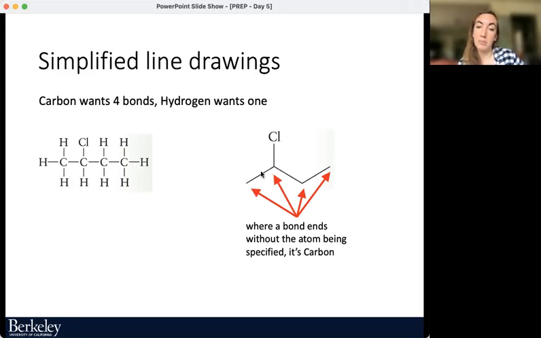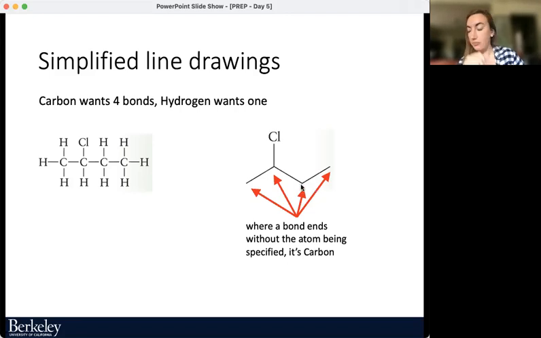We've drawn 1 bond, and we know it needs 3 more, so there must be 3 hydrogens bonded to this carbon. Right here, we have a carbon where we've drawn 3 bonds coming off of it. It must have a 4th bond, so it needs 1 more hydrogen. That's this hydrogen right here.